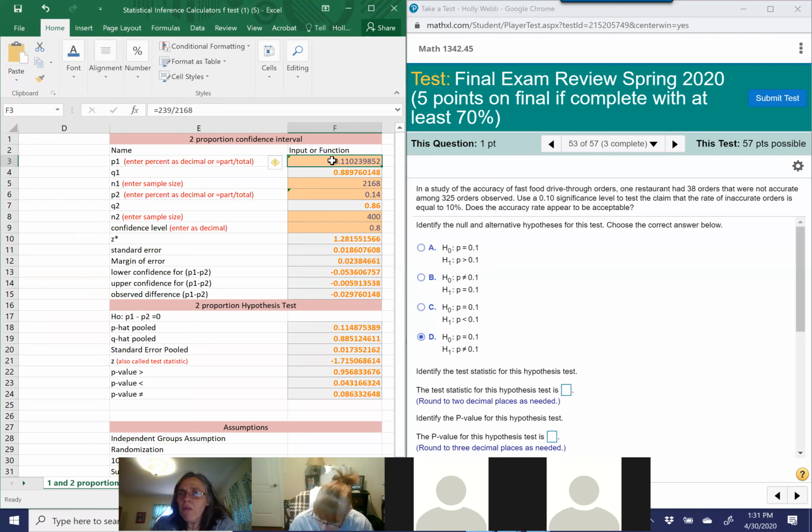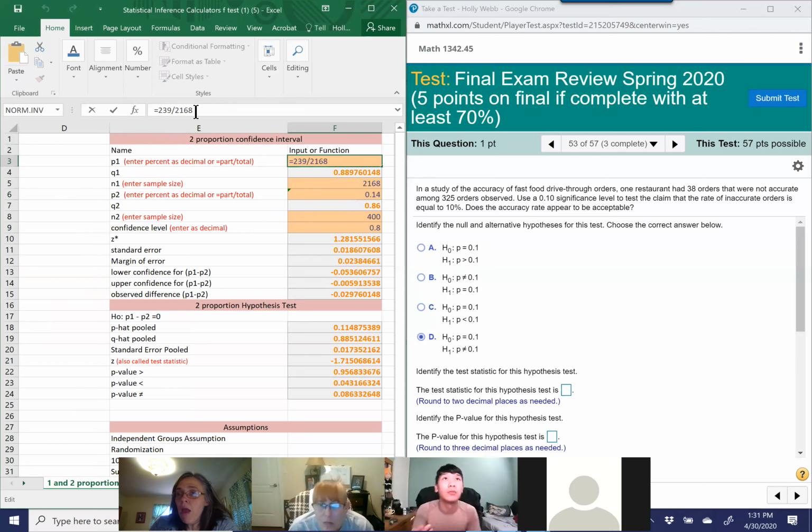So we're going to put our sample proportion in the first box. And our sample proportion is, because our claim is that it's not accurate 10% of the time, our sample proportion should be 38 over 325. So that's what I'm going to put, equals 38 over 325.